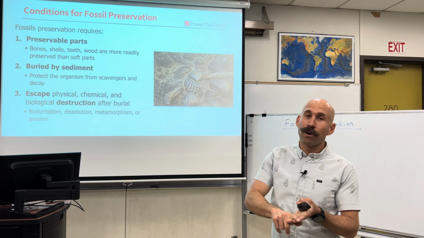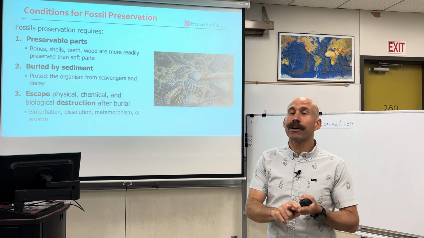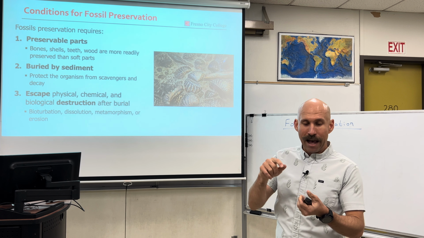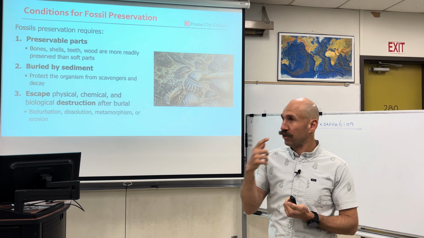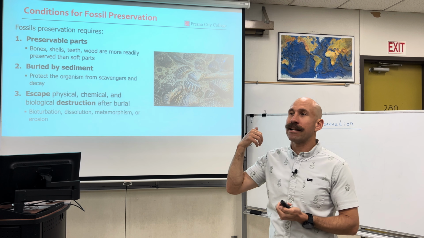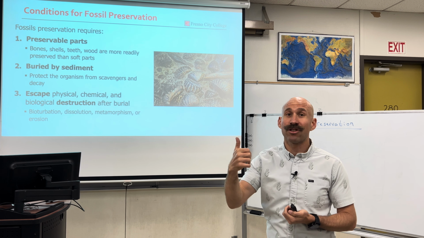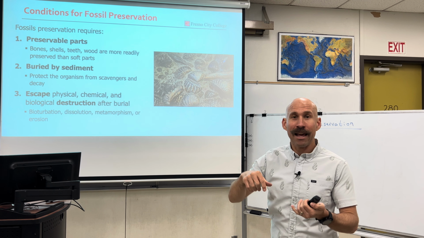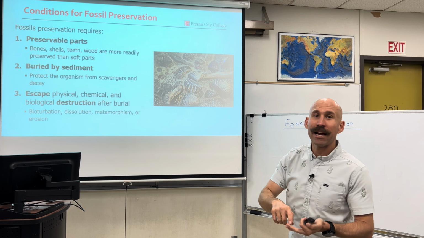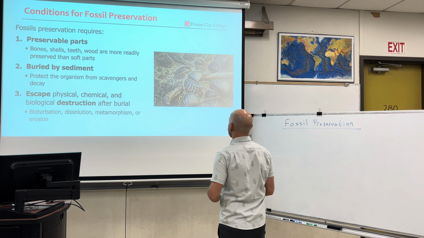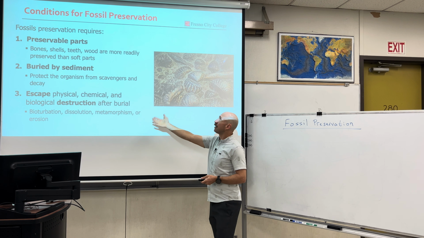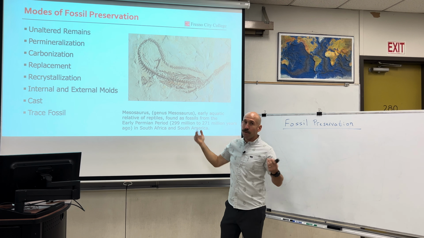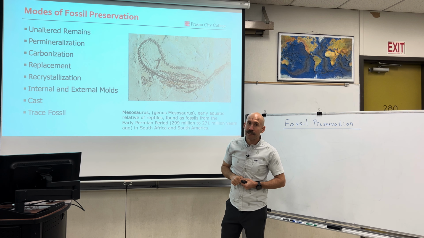The organism must be rapidly buried by sediment, and in this rapid burial there's usually low oxygen, and the organism avoids destruction or decay through physical, chemical, or any kind of biological means. So, if these conditions occur, we may have fossilization happening.